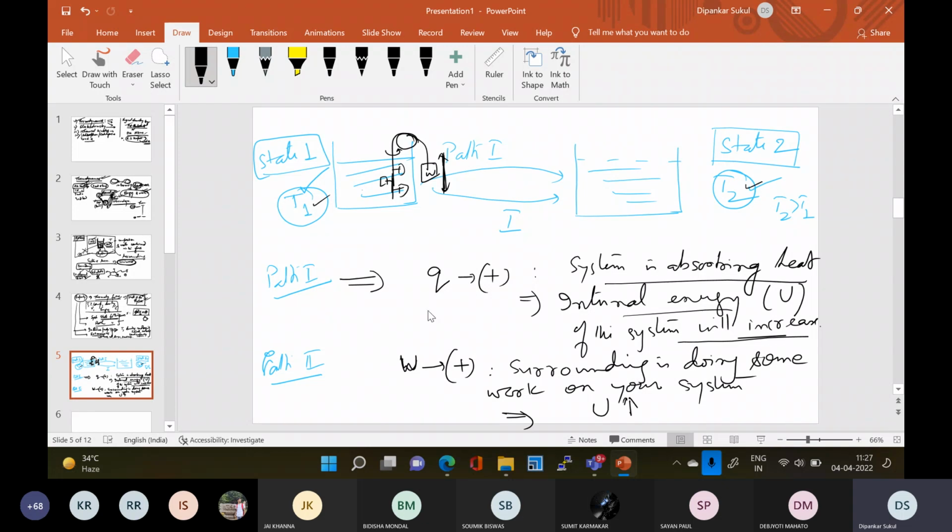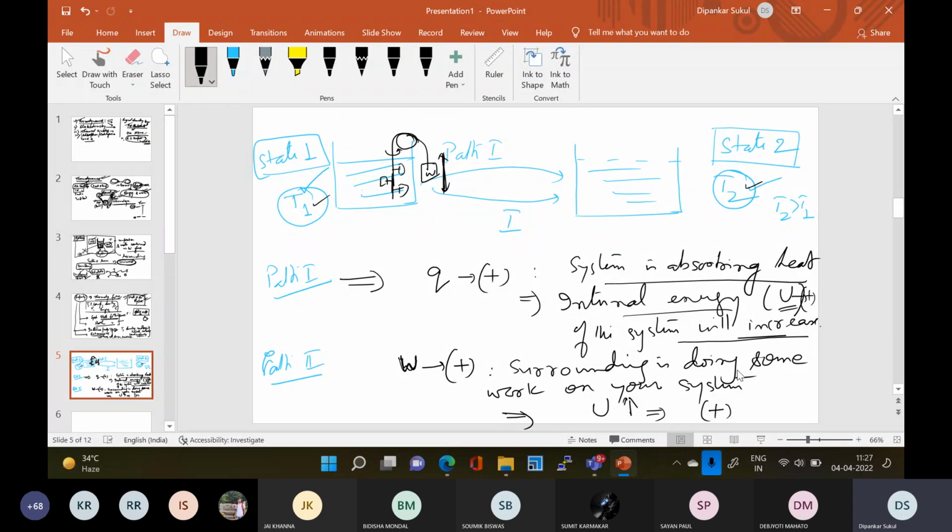That is, when Q is positive, U is positive. When W is positive, W positive means surrounding is doing work on your system, then also internal energy will increase. That is, the internal energy of the system is positive.